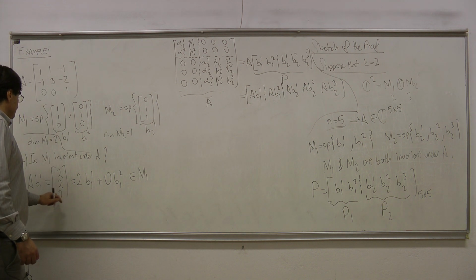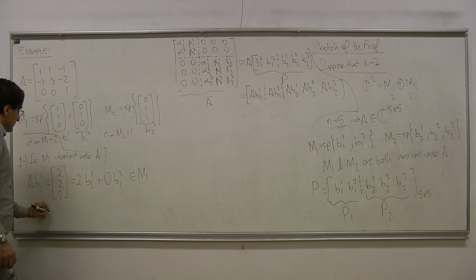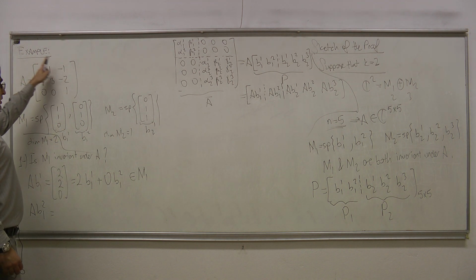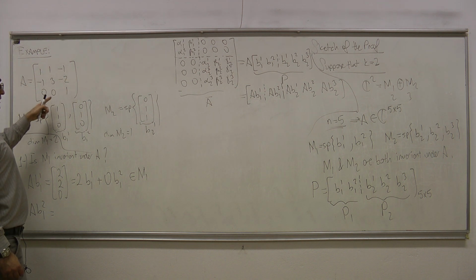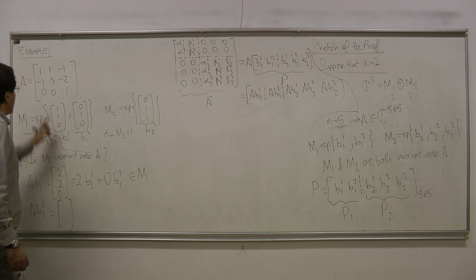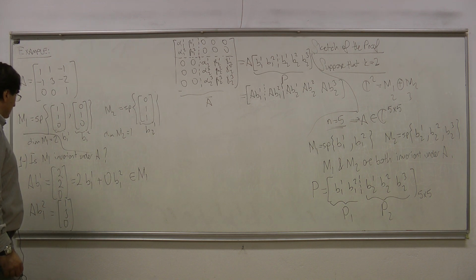Okay? So now let us look at A times B12, the second basis vector of M1. When you multiply this square matrix with the vector (0, 1, 0), this means that you need to take the second column. Okay? So what is the second column of A? (1, 3, 0). Okay?